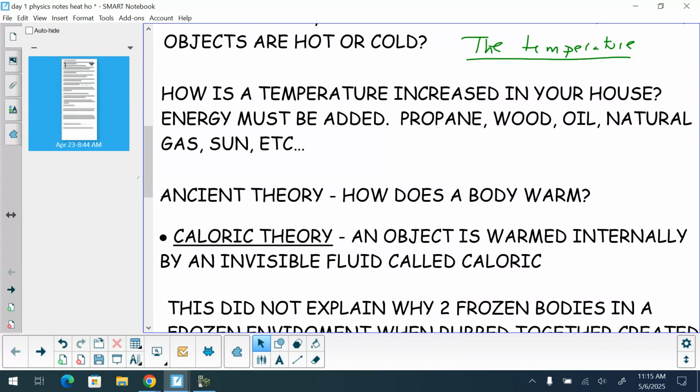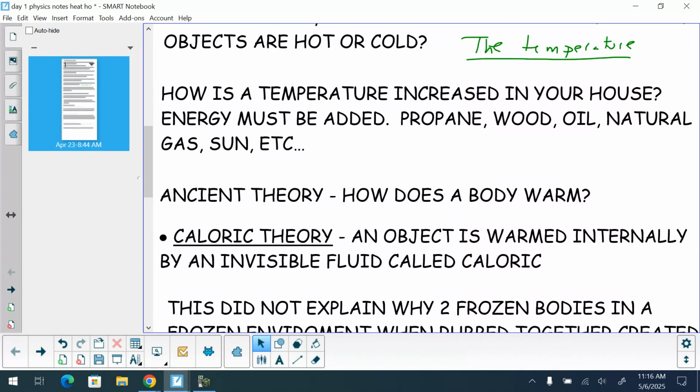What they translated that into is physical properties like this desk. This desk here is the temperature of this room. So this desk here is probably 70 degrees. Okay? So if this desk is 70 degrees, and I turn the heat on in this room and get it up to 85 degrees, this desk would turn to 85 degrees.